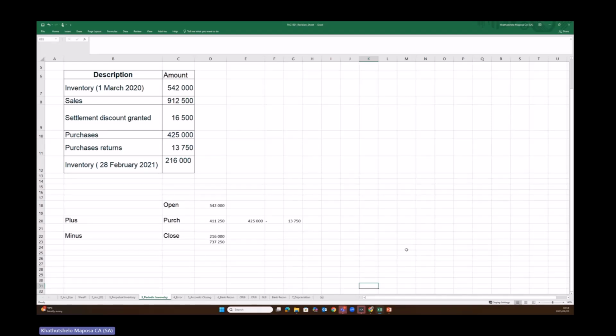Okay, yes. Sometimes you will be told, remember when we were dealing with inventory, we showed you how to calculate the value of inventory at the end of the period. Remember when we did the first in, first out method, the weighted average method, the last in, first out method.